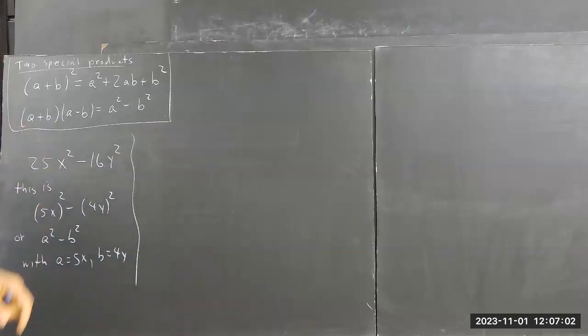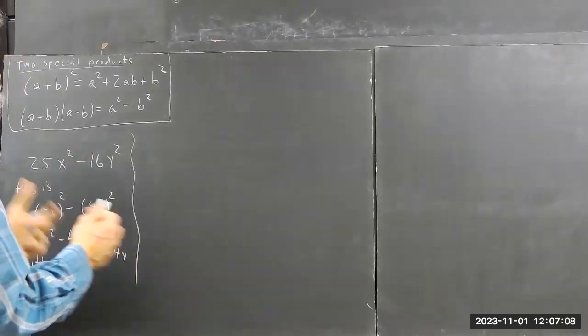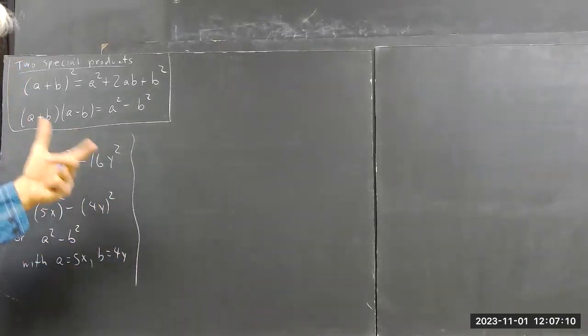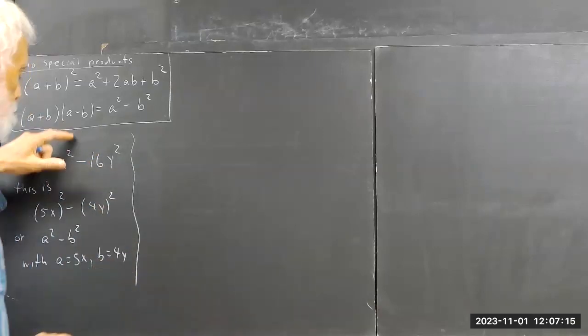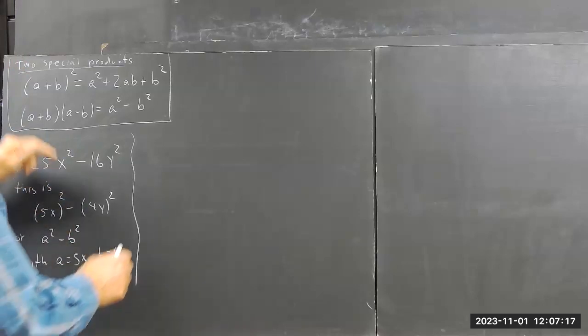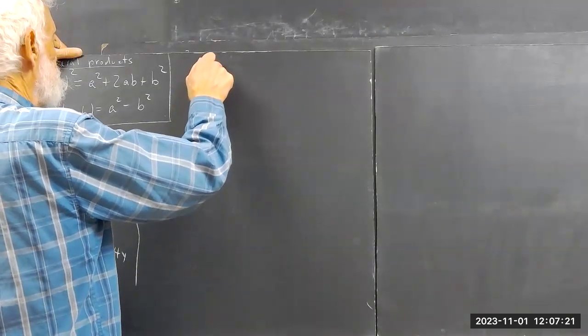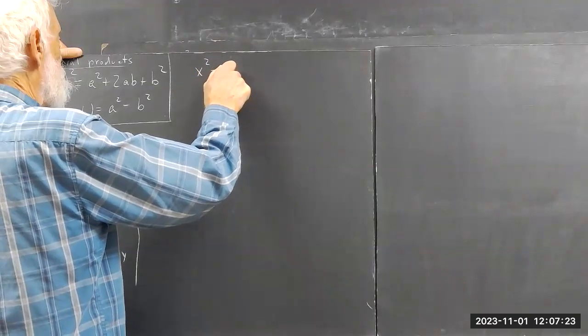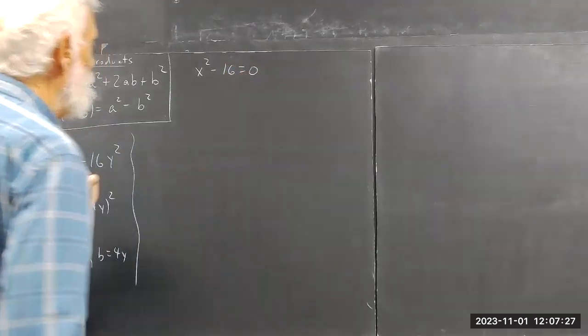Okay, we're going to jump to actually using this to solve an equation, and there won't be an x and a y in the equation, but sometimes you have to tackle things that have more than one variable. So that was just a quick review of this idea. Okay, so let's now say we have x squared minus 16 equals 0.